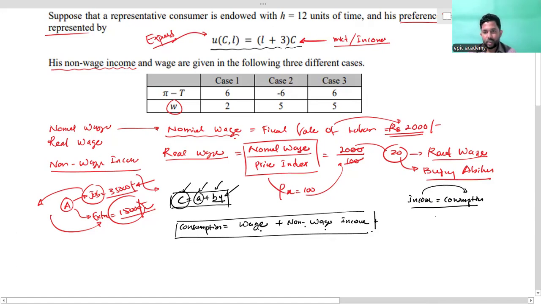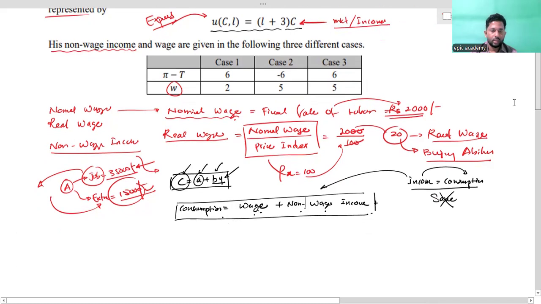That means this particular person is not going to save money. What they earn, they consume. That is why consumption must equal real wage and non-wage income in the economy. So then we can create the equation for that.